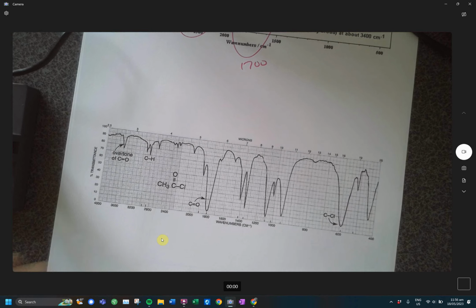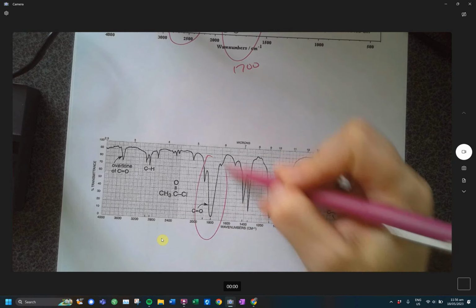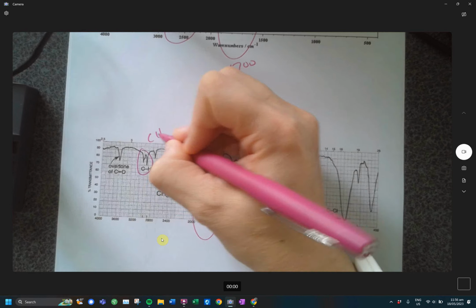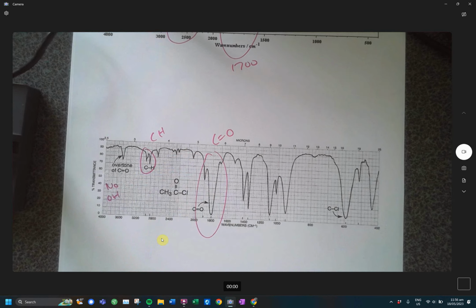All right, this one here is just an example of an acid chloride. I wanted to include it just so you guys know what they look like, but I wouldn't assess you on acid chlorides because, again, they're really hard to distinguish. So there, again, is my C double bond O. I can see my CH. I look and I see that there's no OH.